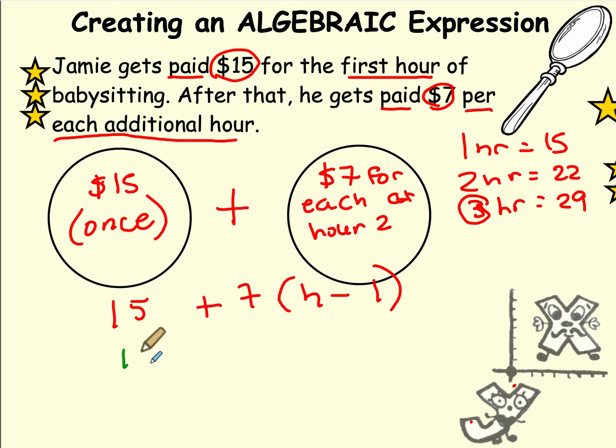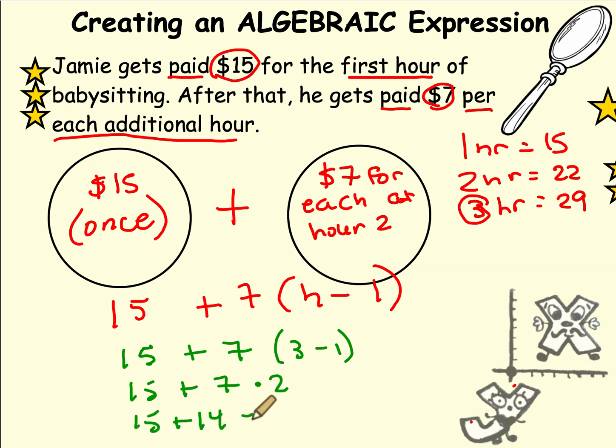So 15 plus 7 times 3 minus 1. That'd be 15 plus 7 times 2, which is 15 plus 14, which is 29, which is what we got. Okay, thanks.